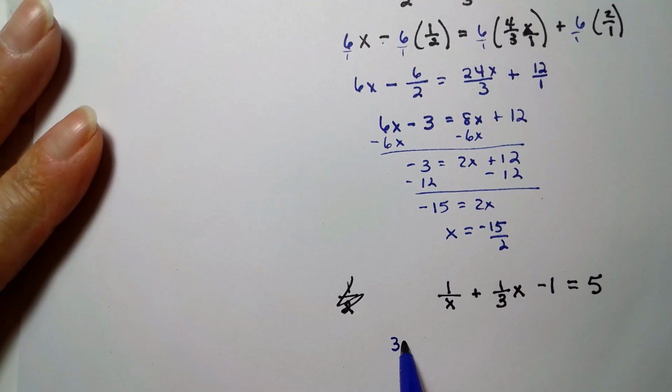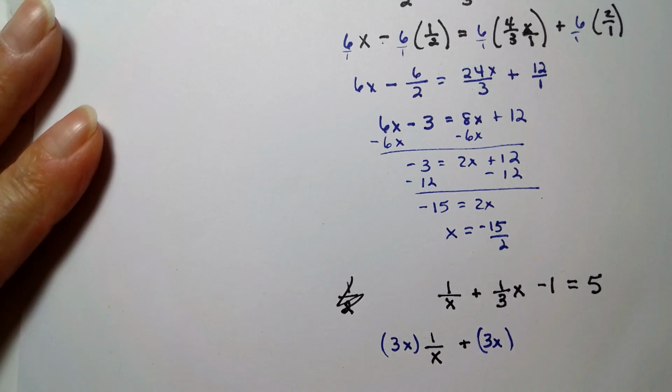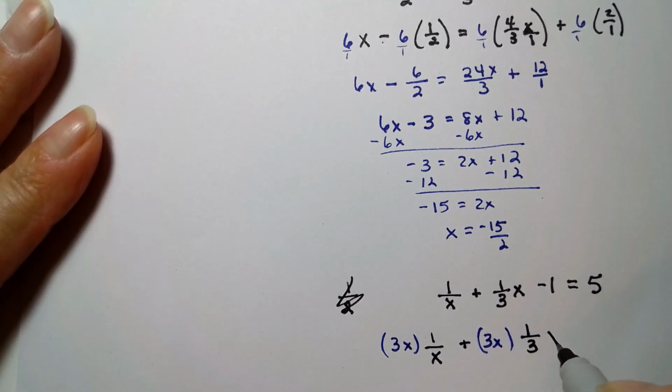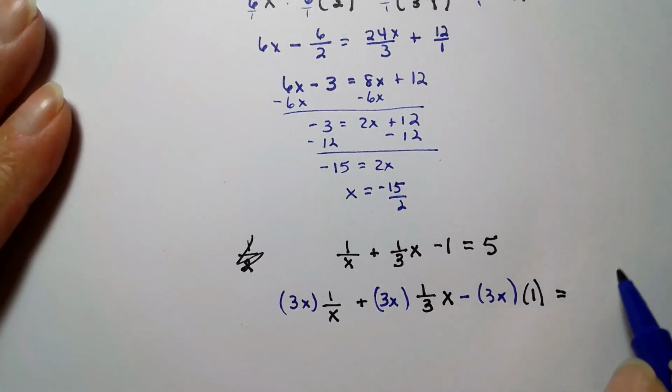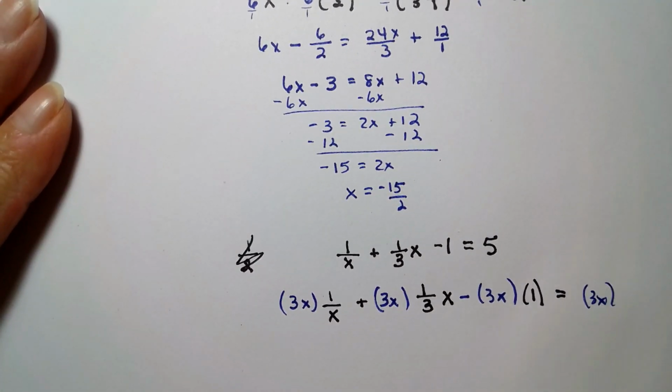So I'm going to multiply every term, both sides, by 3x. We have a 3x here, and we're going to multiply it by 1 over 3 times x. I have a minus that I'm bringing down, so 3x times 1 is equal to 3x times 5.